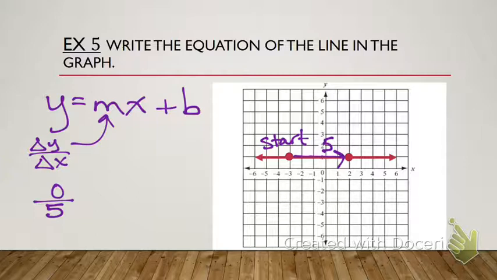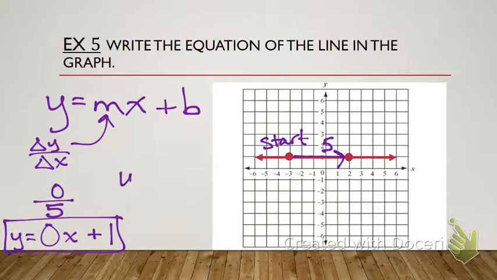If you take 0 divided by 5, so y equals 0x and then the y-intercept. So y equals 0x plus 1 is one of our options. y equals 1 is another option, because if you take 0 times any number, it's still going to be 0 plus 1. We get back to 1 every single time.